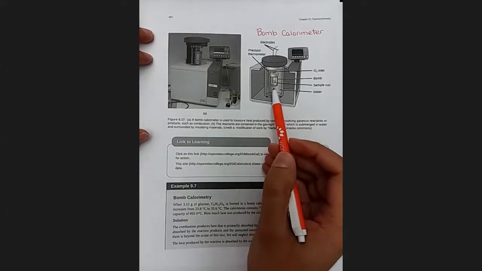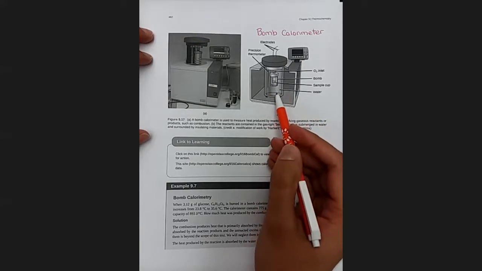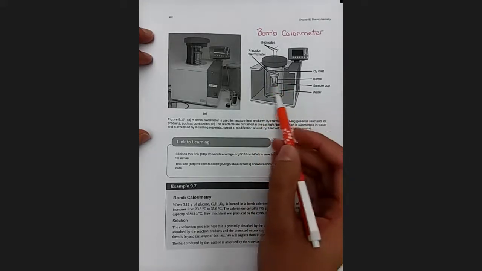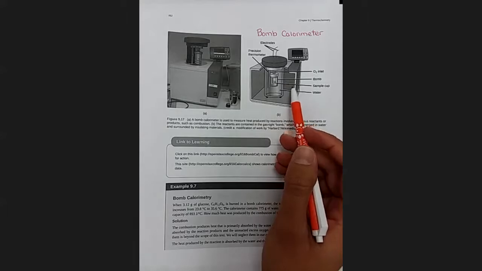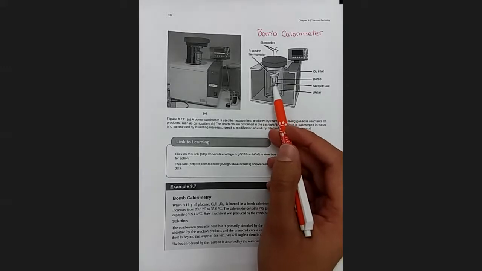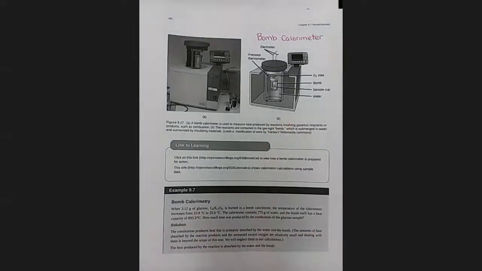When you ignite it, the compound is exploded and it causes heat, and the heat is transferred out into the bigger compartment, which is filled with water. And that water absorbs the heat, and then a computer uses a thermometer to measure how much energy was transferred. So in this case, even if the number of moles of gas increases or decreases here, the volume of the system doesn't change.